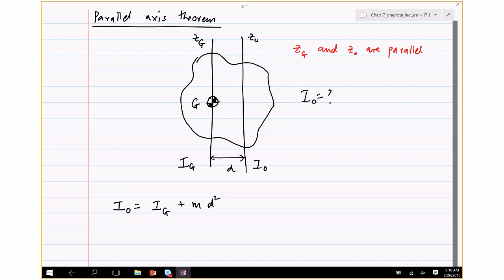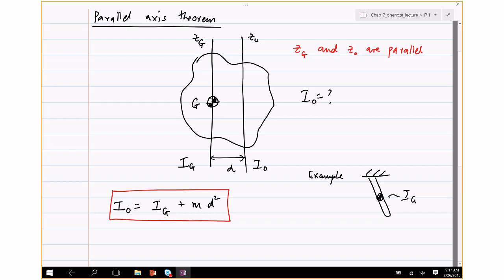It's the distance between the two axes. An example would be, if you're given a single pendulum, this is the IG axis, or ZG, and this is ZO.